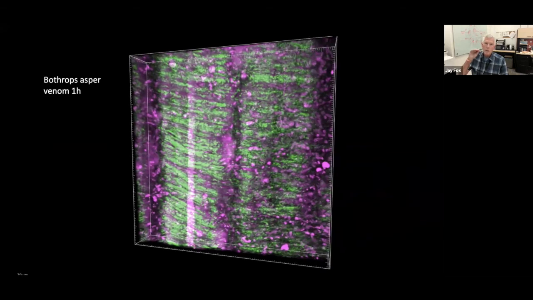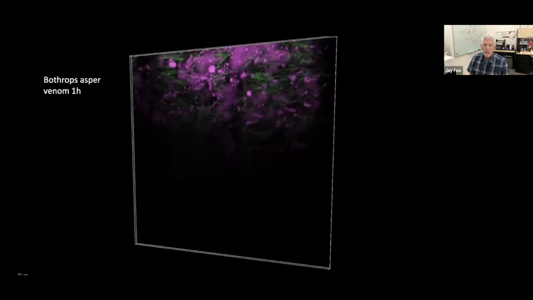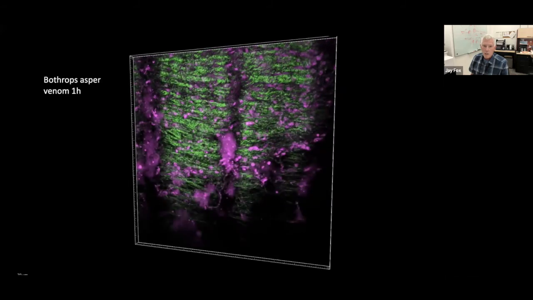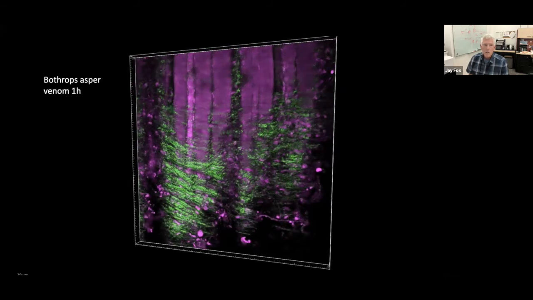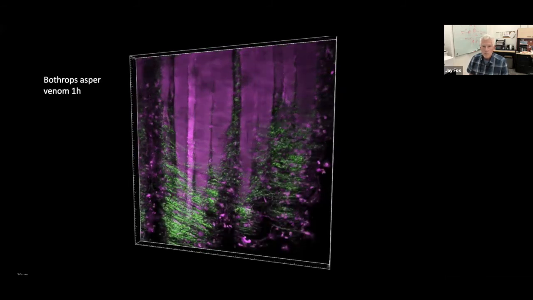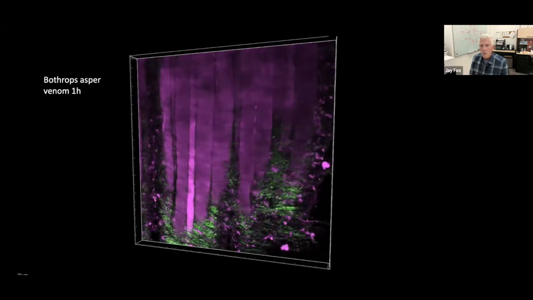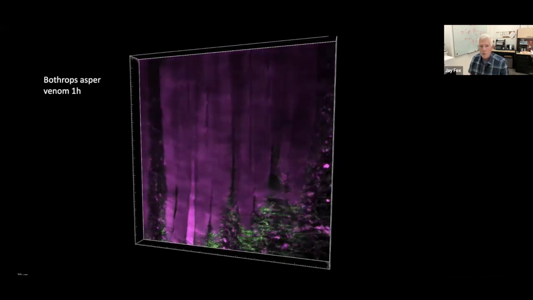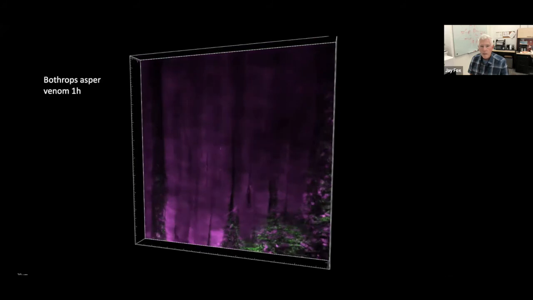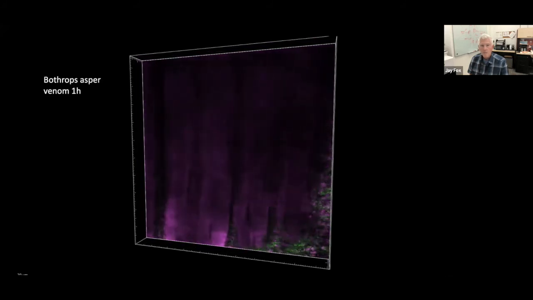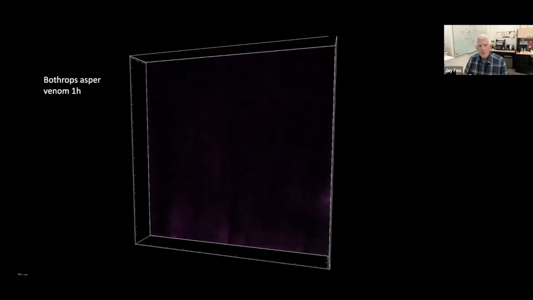And then we're going to scale down through the Z stack, through the collagen, down into the muscles, and then we'll pause and come back up to the surface. Suspense.